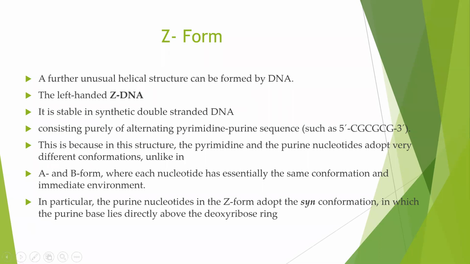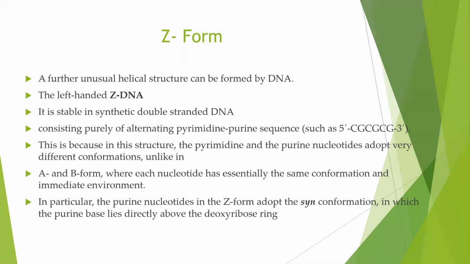I hope you followed why this specific sequence, where alternating pyrimidine-purine bases are present, takes up the zDNA conformation. Basically, this is because the purine nucleotides adopt a very different conformation, which is syn conformation, whereas the pyrimidine nucleotides adopt anti-conformation like any other nucleotides.